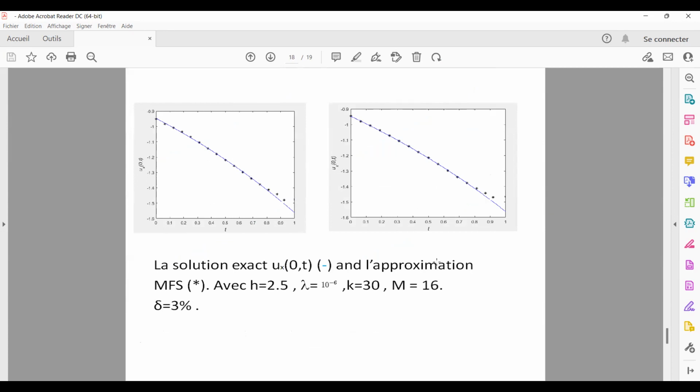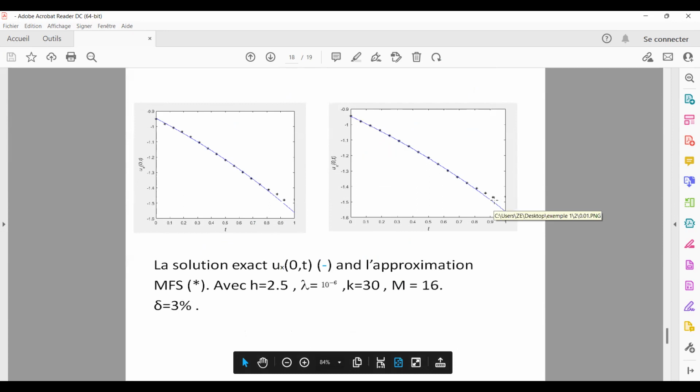Ici, on trouve que l'erreur augmente plus que pour la condition de Dirichlet. Donc, c'est un sujet ouvert pour la recherche, pour la condition de Neumann.